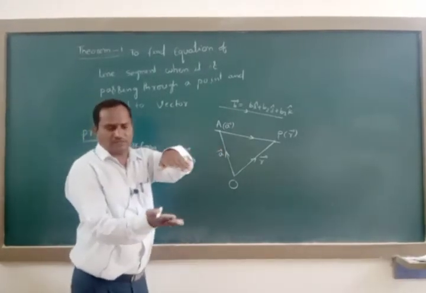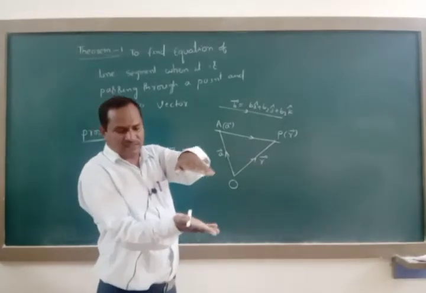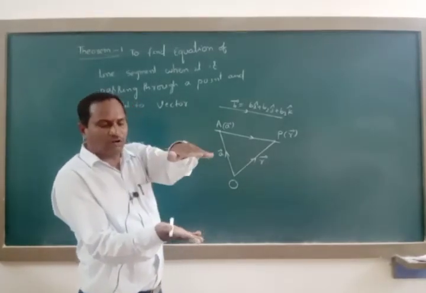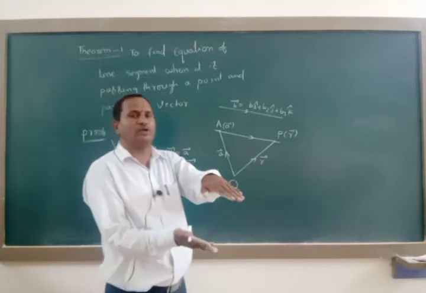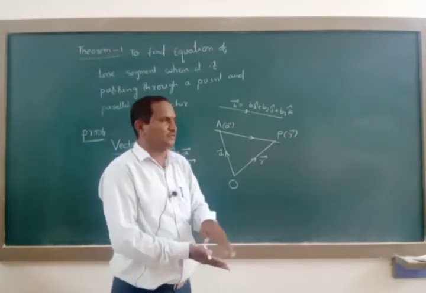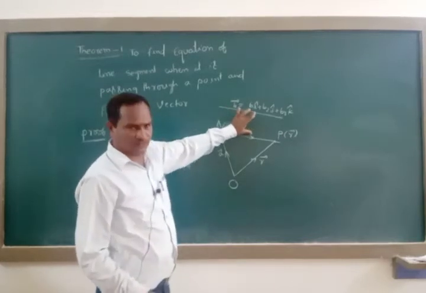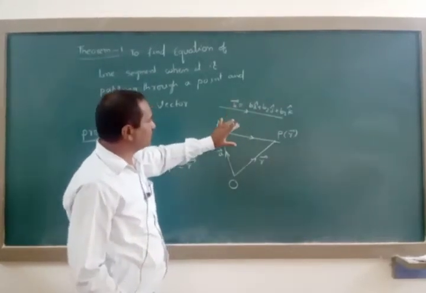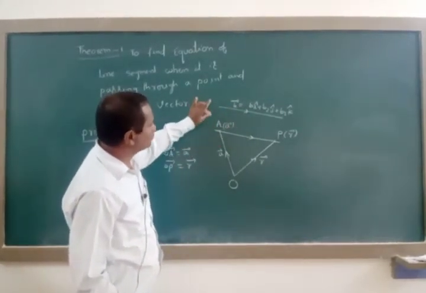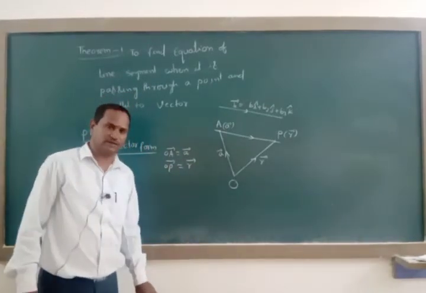Whenever two vectors are parallel or in the same direction, we call those vectors collinear vectors. Here these two vectors are parallel to each other, so they are collinear vectors.